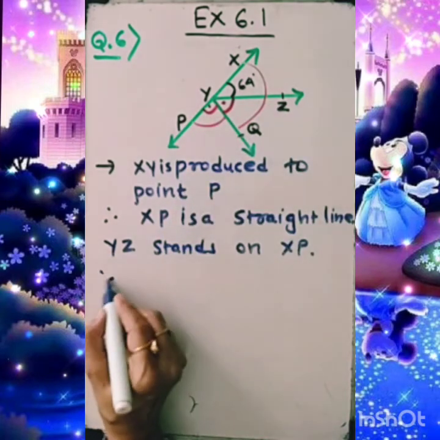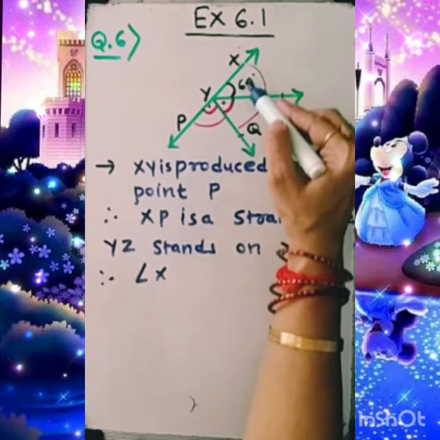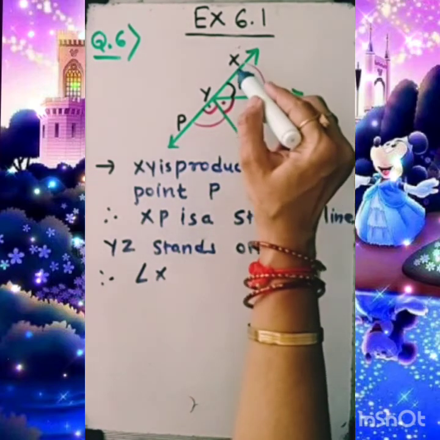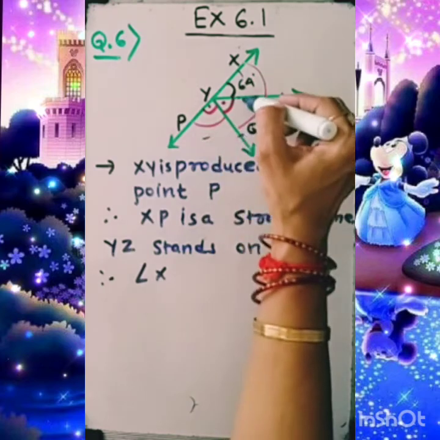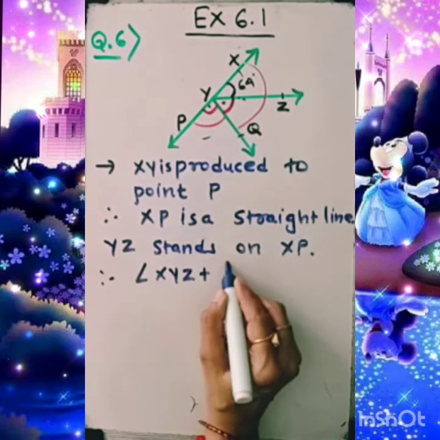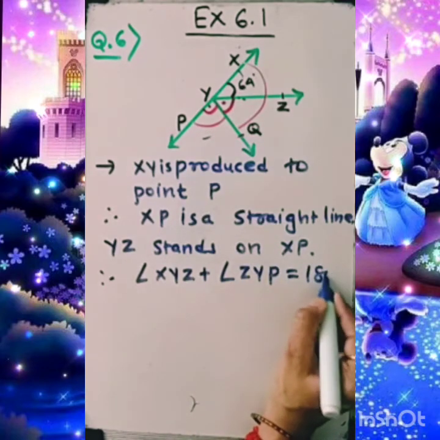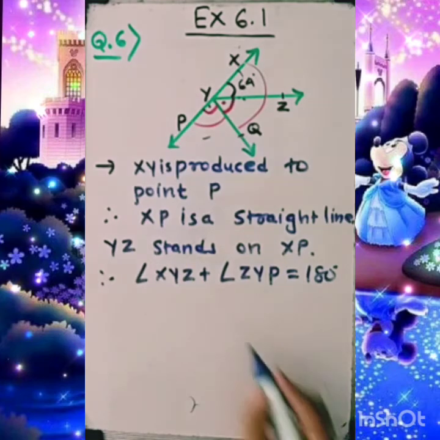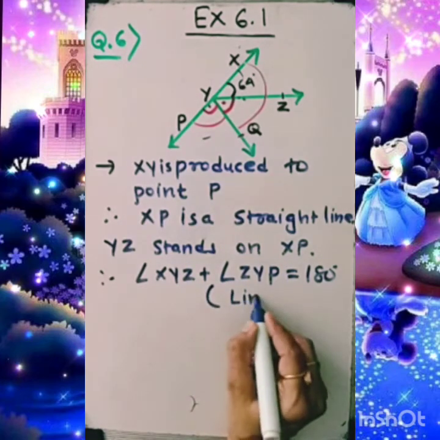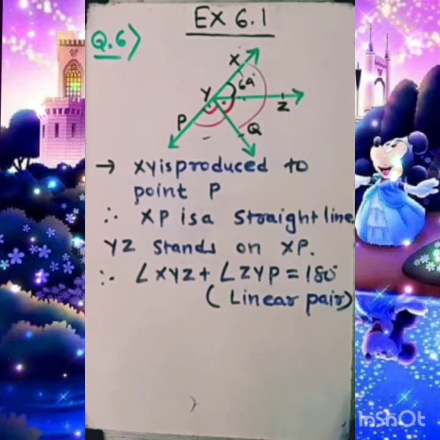So if it is a ray, these two angles form a linear pair. Which two angles am I talking about? This and this. So I need to say angle XYZ plus angle ZYP. They form a linear pair, and as you know, the sum will be 180 degrees.